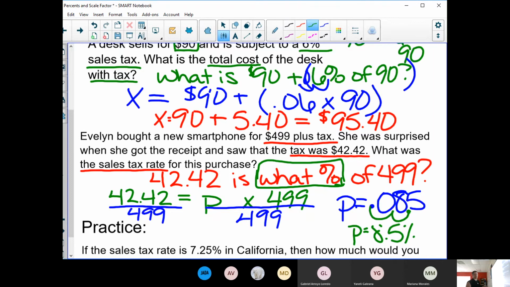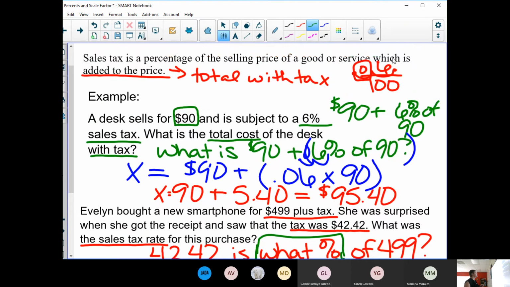So here's what I want you to think about. When we change a percent to a decimal, what do we do? Okay, why do we move it 2 places to the left? What operation are we doing?